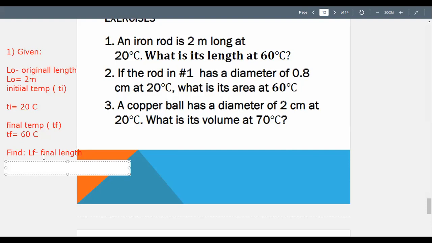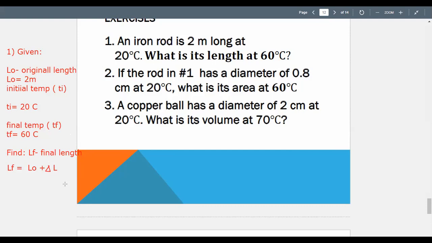Now the final length of the object, guys, our L sub F, is actually equivalent to the original length of the object plus some added length when it is subjected to heat. We call that added length delta L. Let me draw the symbol for delta L. It simply has this thing that looks like a triangle.